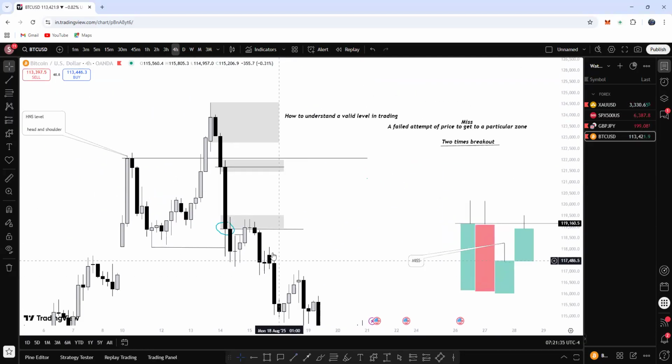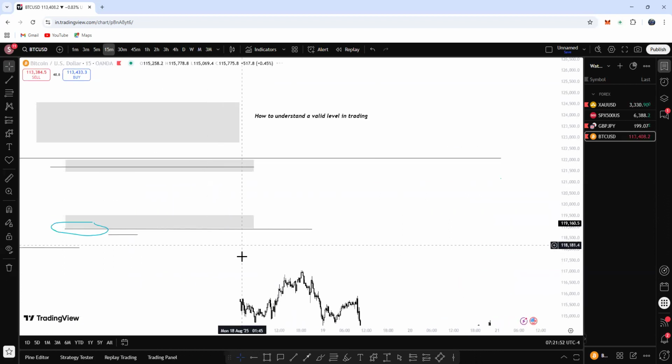So now let's check here if we can get a 2 times breakout on M30. On H1, most times you can use your M30 or M15. So let's see M15 if we got one here.